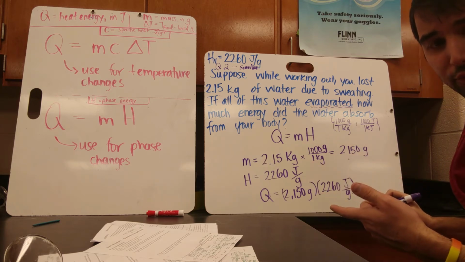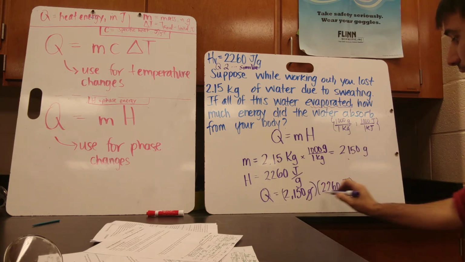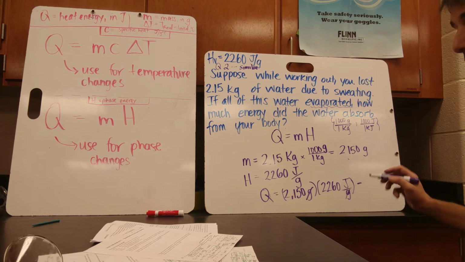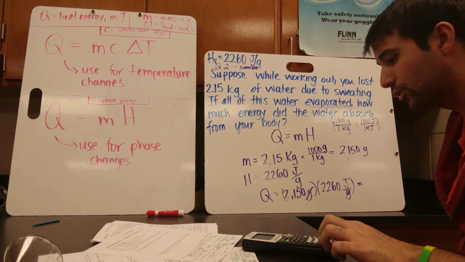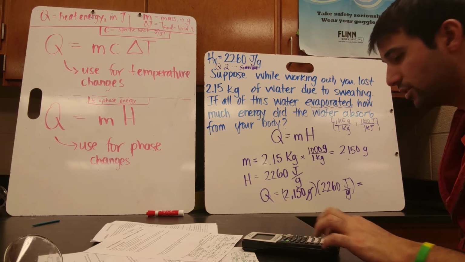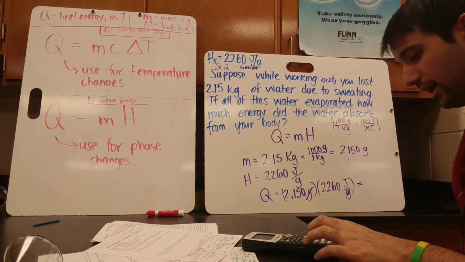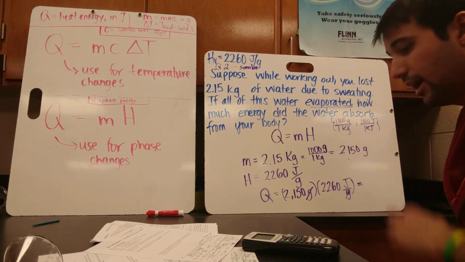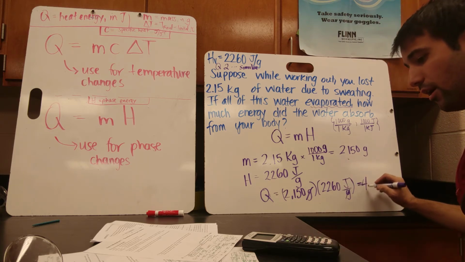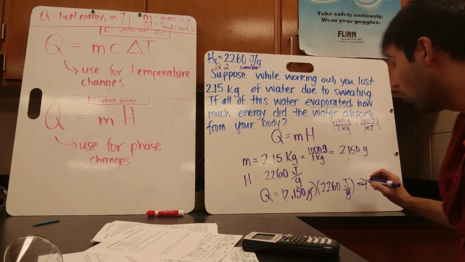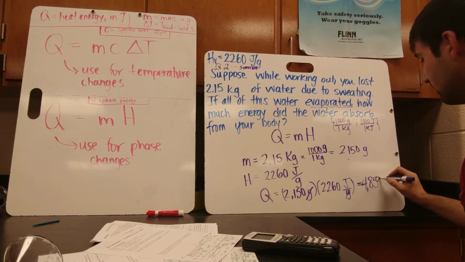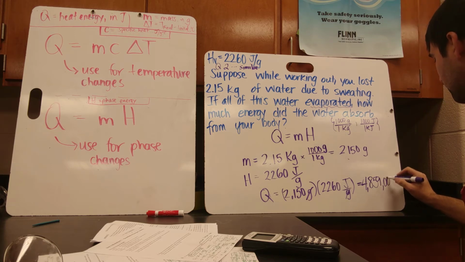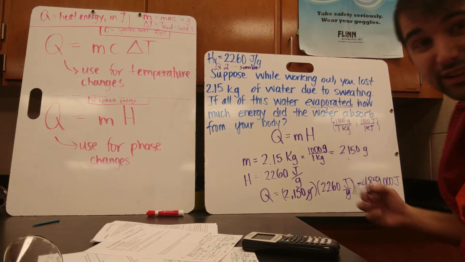If I'm looking at my units, my grams will cancel out, and I'll be left with joules. If I do this math on my calculator, 2,150 multiplied by 2,260, I get 4,859,000 joules. It's a lot of joules.